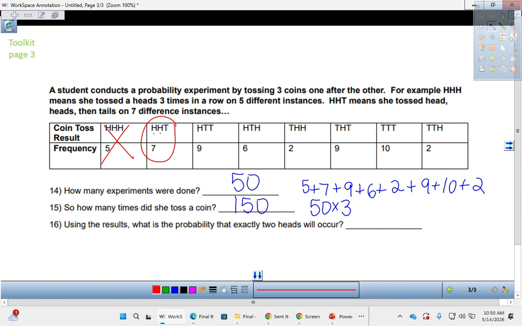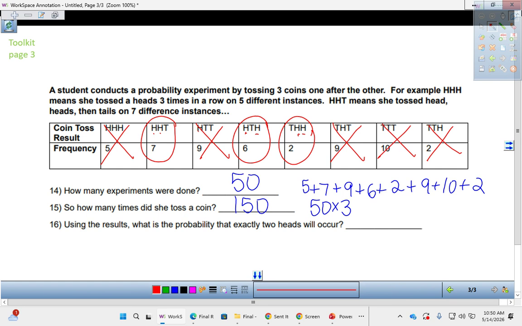This is only 1 H. This is 2 H's. This is 2 H's. This is only 1 H. This is 0 H's and 1 H. So exactly 2 H's happen for those experiments: 7 plus 6 plus 2.